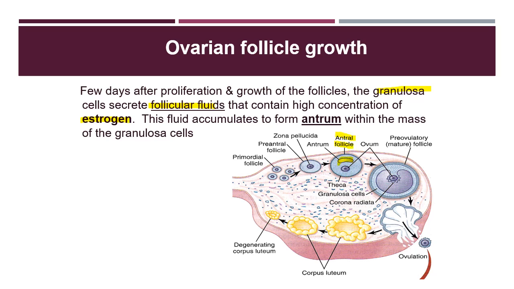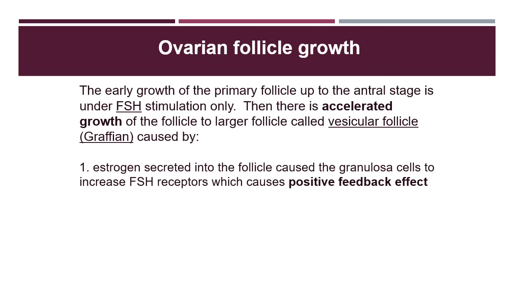And this antrum is surrounded by the granulosa cells that secrete this fluid. The early growth of the primary follicles and reaching the antral stage is under the follicle stimulating hormone only, which is characteristic of the first phase of the ovarian cycle.